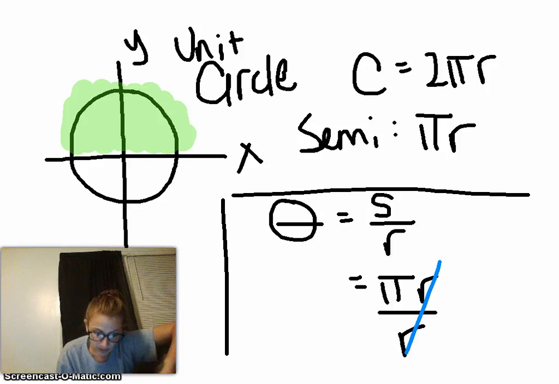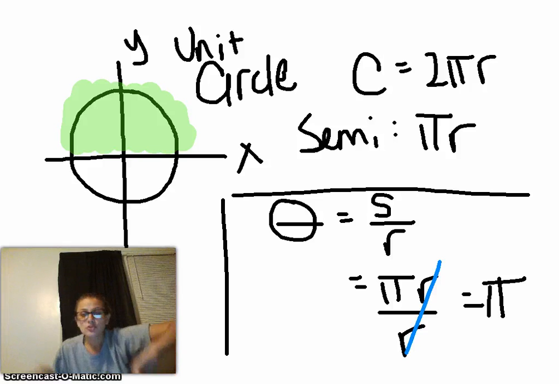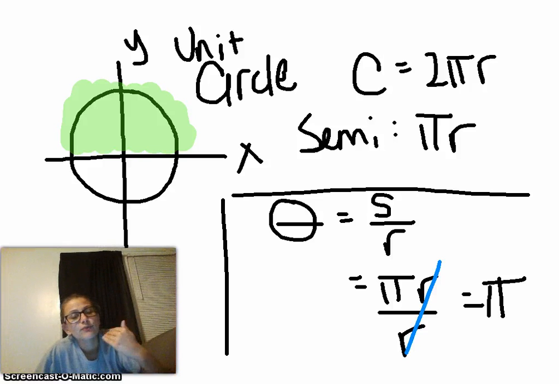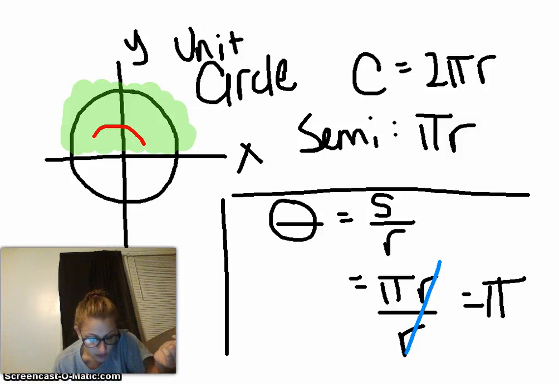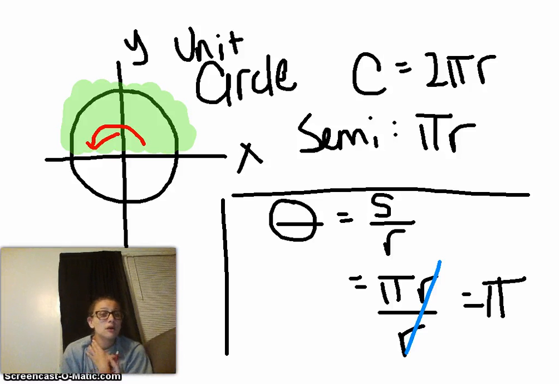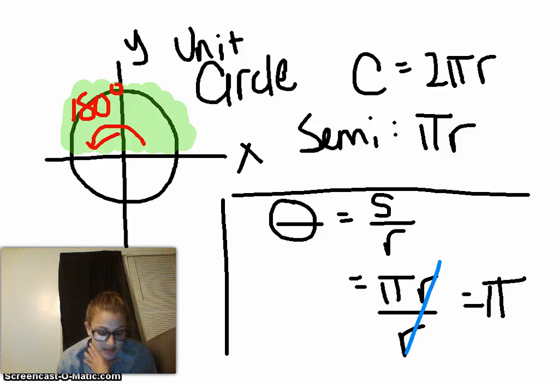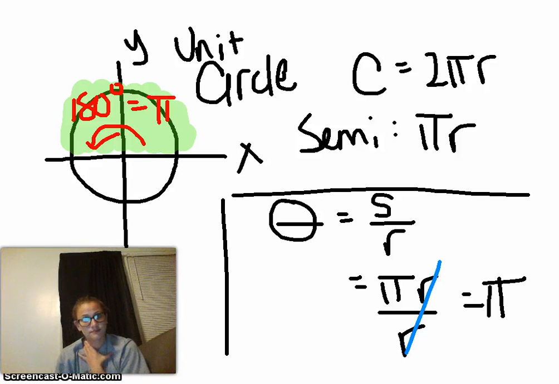And we're just going to be left with pi. So what we just figured out is that the radian measure of a semicircle is equal to pi, which is actually kind of a big deal, because that means that the angle of the semicircle, which we all know in degrees is 180 degrees, is the same thing as pi radians.